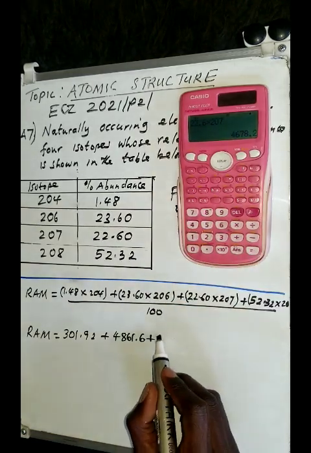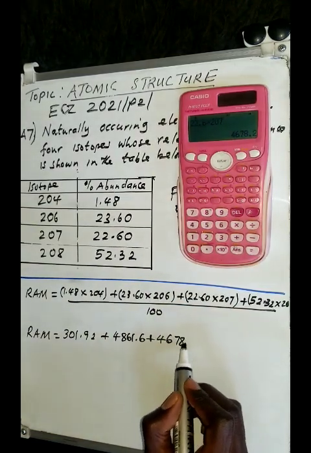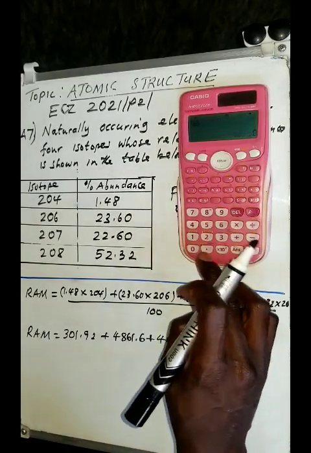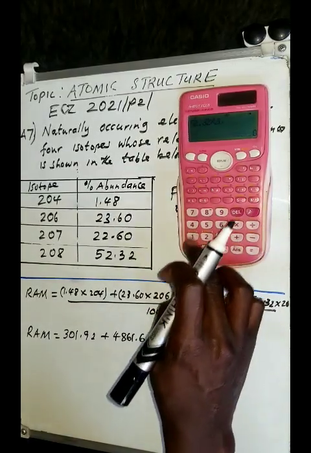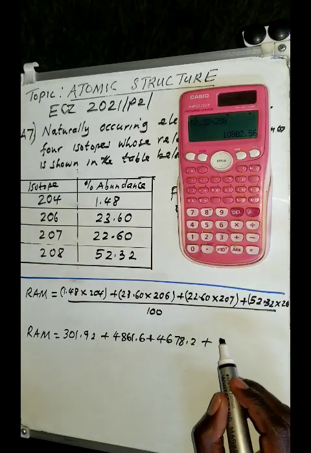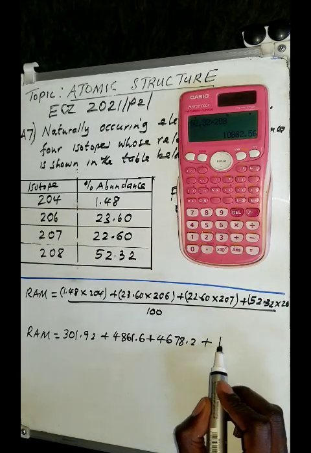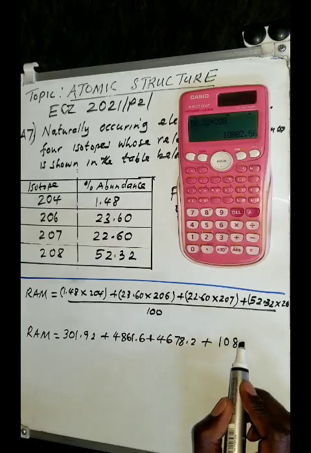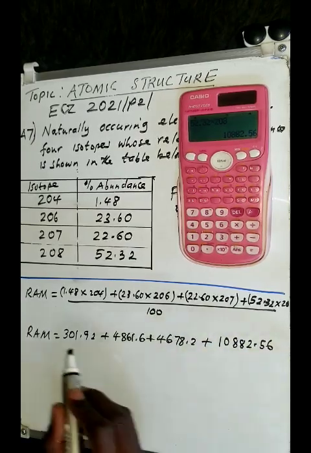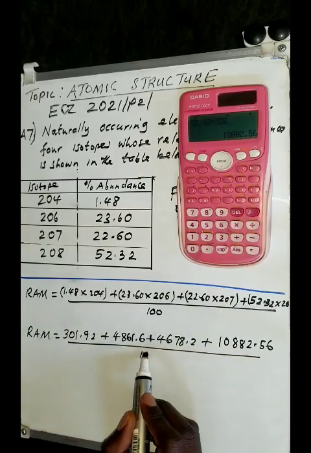So that will give me 4,678.2 plus. We go to the last one, which is 52.32 multiplied by 208. That is going to give me 10,882.56. Whatever we get, we divide it by 100.